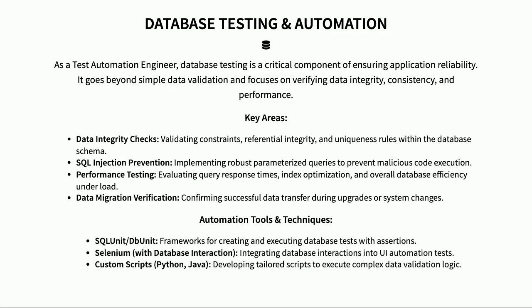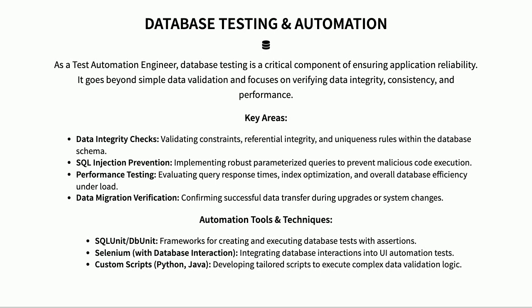Let's talk about database testing. It's super important for any application that relies on storing and managing data. As a test automation engineer, we don't just check if the data looks right. We need to make sure it's consistently accurate, reliable, and performs well.